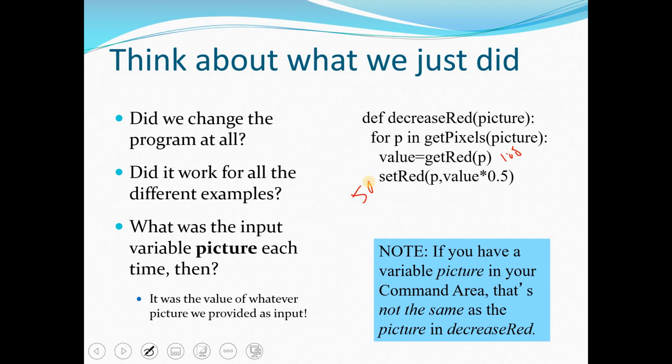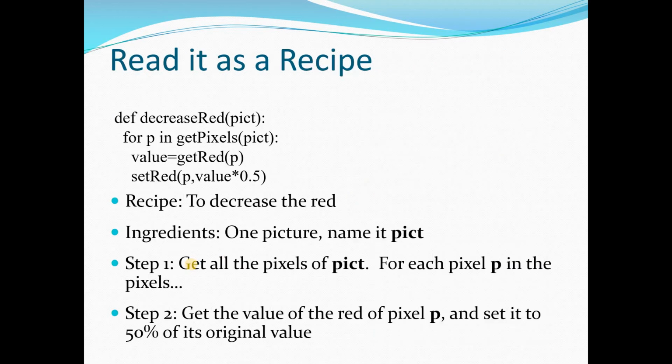Previously it was 200, now it will be 100. It will apply the change on all the pixels and the whole picture will change. Whatever picture you provide, it will change everything in that picture.